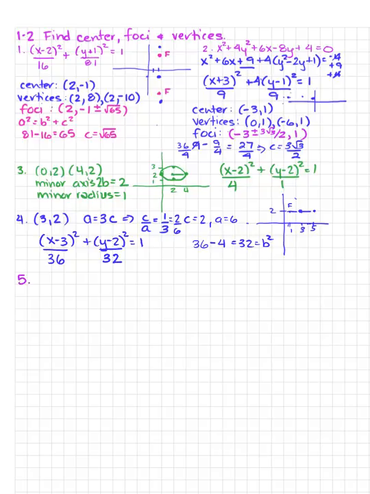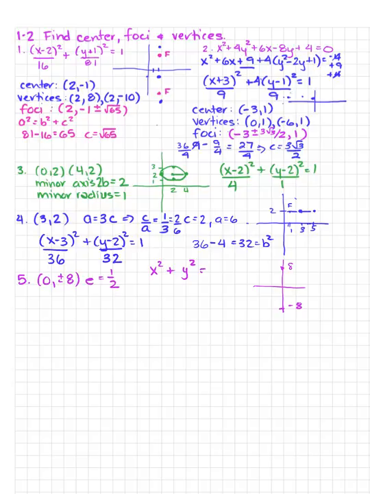On number 5, vertices at (0, plus or minus 8), and e equals 1/2. So in this one, if I were to draw my graph, we're up here at 8, we're down here at -8, so what's friendly about that is my center is going to be at the origin.